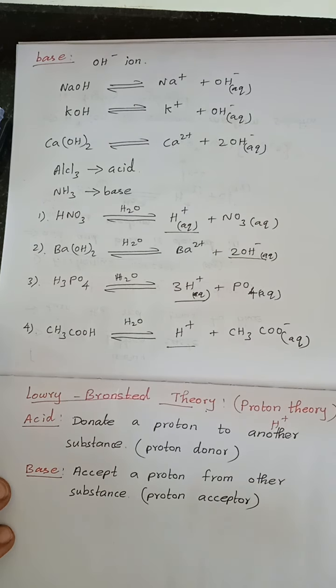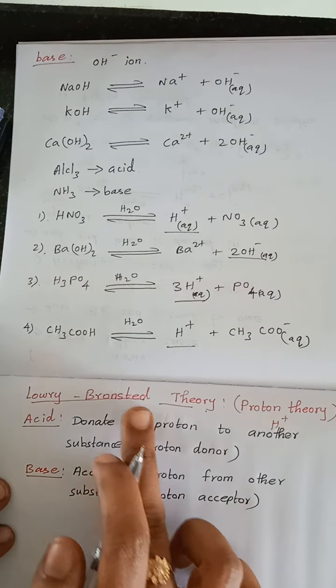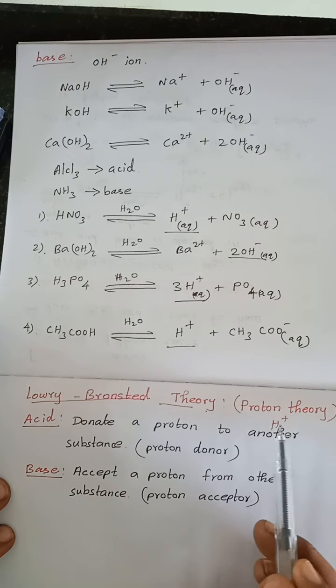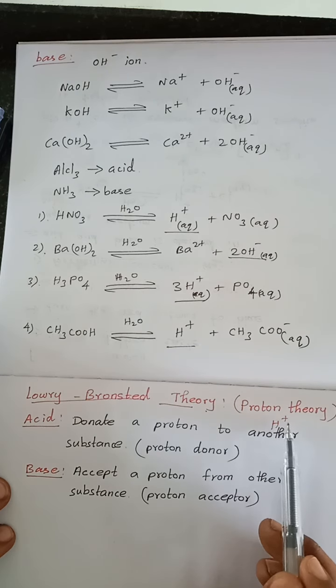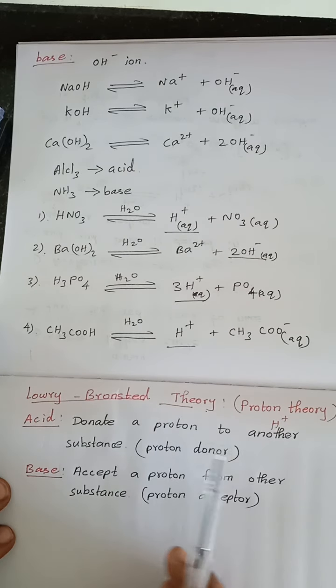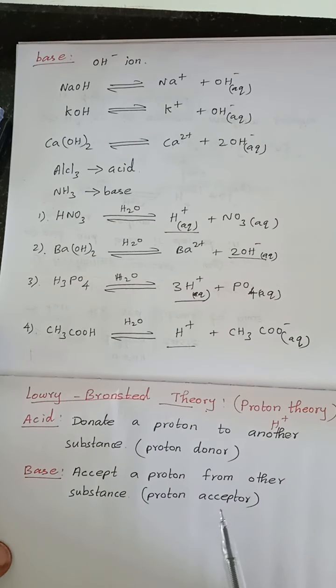So this is the short definition. The Lowry-Bronsted theory is otherwise known as proton theory, where the proton is simply H plus. An acid donates a proton to another substance and is called a proton donor. A base accepts a proton from another substance and is a proton acceptor. Next, an example reaction.